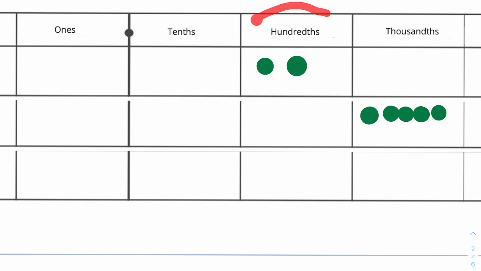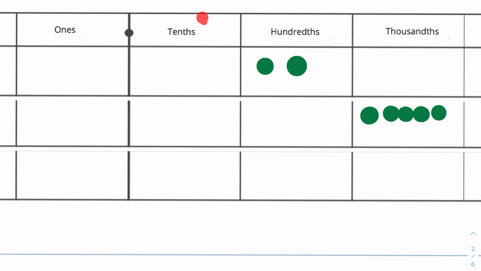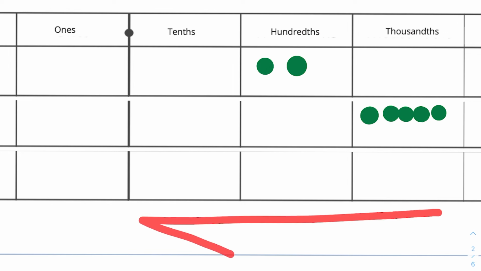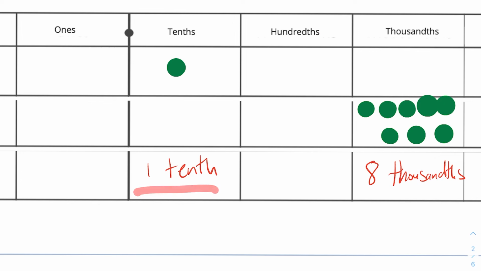Because the hundredths place value is always larger than the thousandths. And similarly, tenths will be larger than thousandths. The farther we go to the left, the larger the number is. Last example, 1/10 will always be larger than 8 thousandths. 1/10 right here is significantly larger than the 8 thousandths that you see right here.